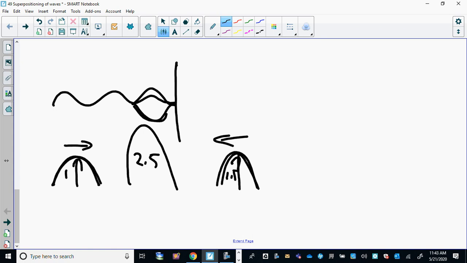So they add their amplitudes together, and then they just pass through one another. The 1 will form over here, continue going that way. The 1.5 will form over here, continue going that way. So this is called constructive interference.